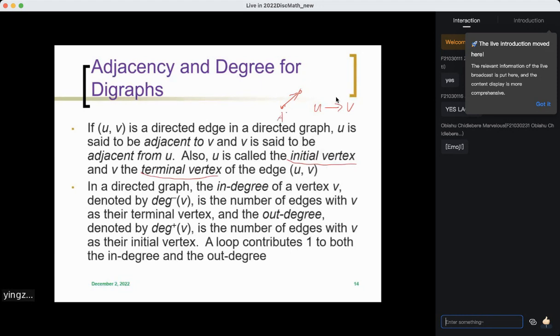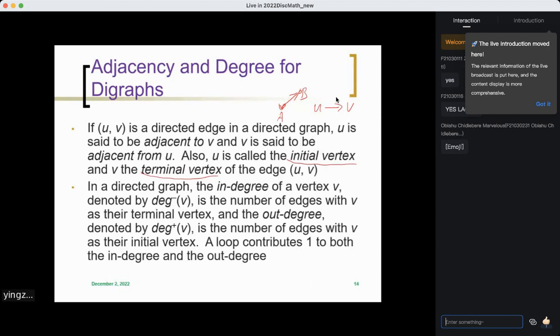For example, here A and B have an edge from A to B, so we can say A has an out edge, and B has an in edge, because of the direction. From this node the arrow goes out, and for B the arrow comes in.